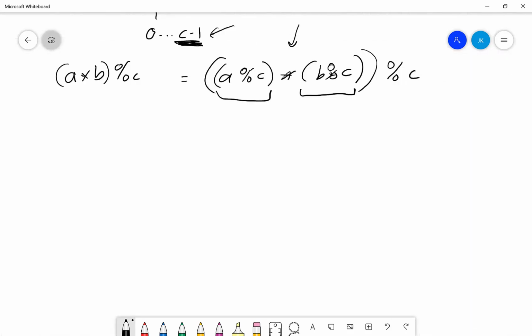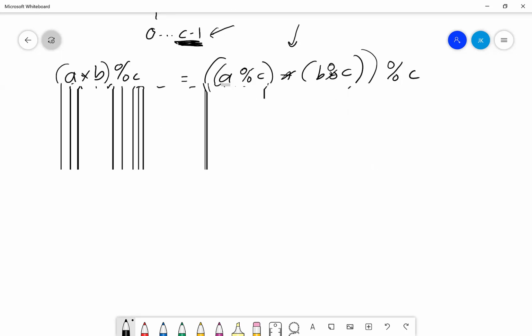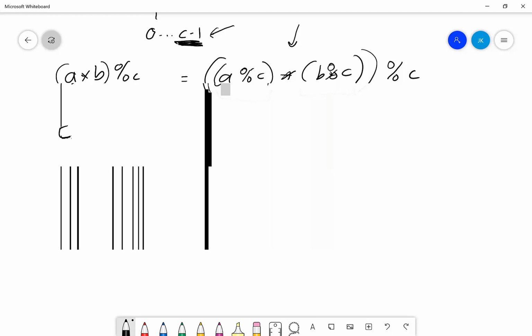Now, there are ways that it gets used in practice. In particular, the modular base is commonly a prime number, and there are a lot of reasons for that. We'll see some of the applications later on.